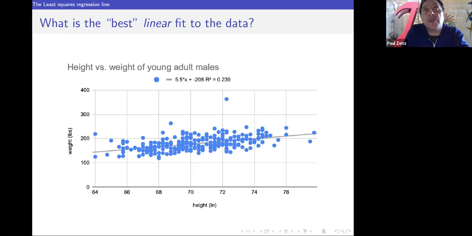So when somebody says something along the lines of, well, heredity only explains 50% of IQ, they are reading a statistics article and they're looking at an R-squared and they're not understanding what they're saying. Nothing explains anything.